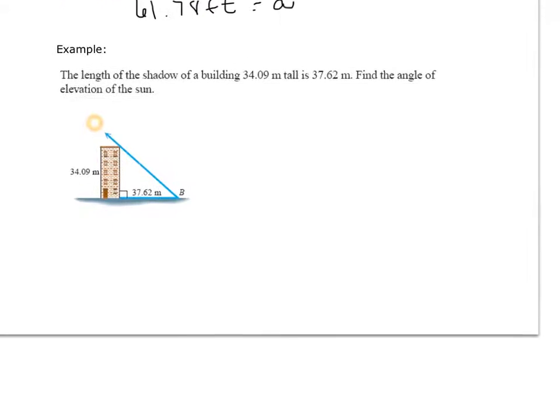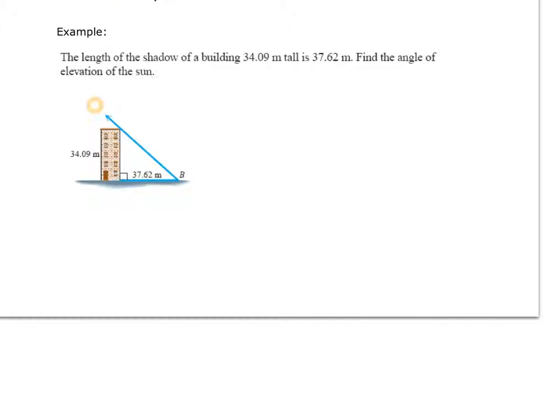So let's look at this one. You usually see these on a standardized test too. So the length of the shadow of the building is 34.09 meters, and it is 37.62 meters tall.